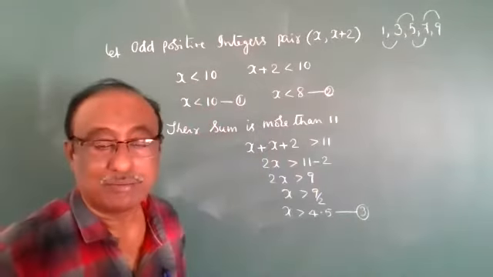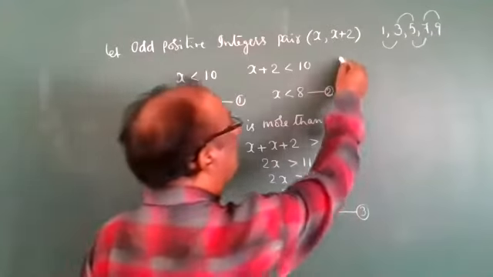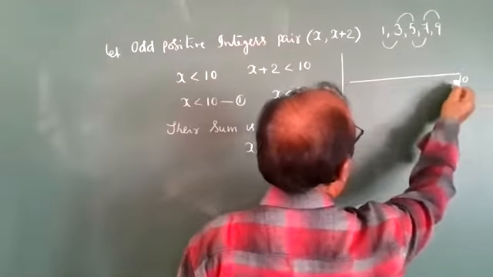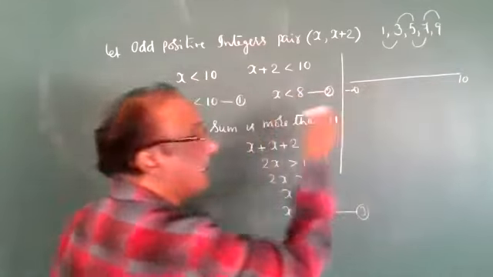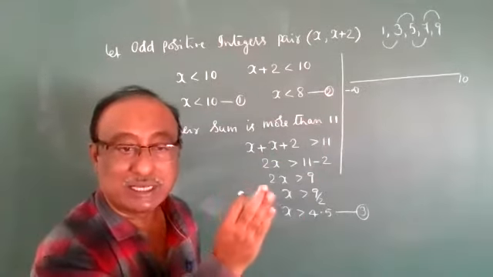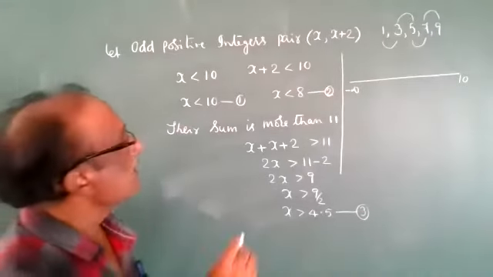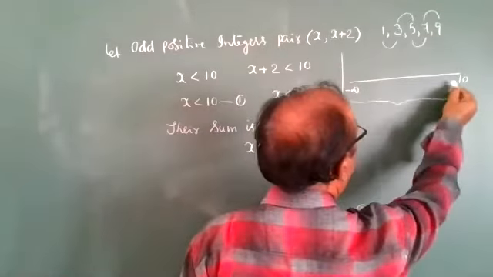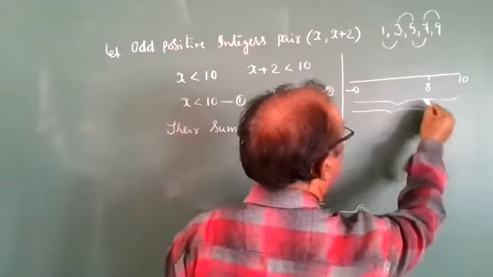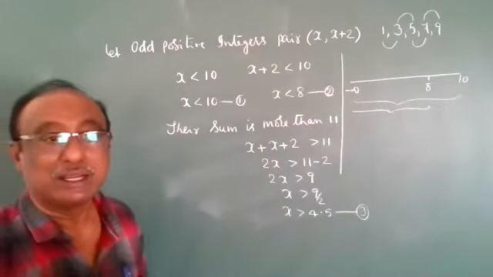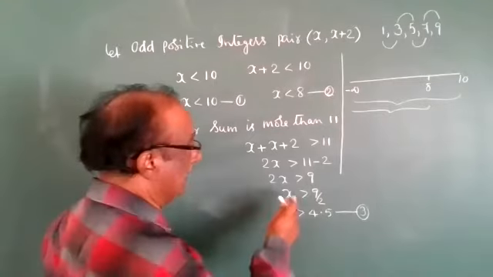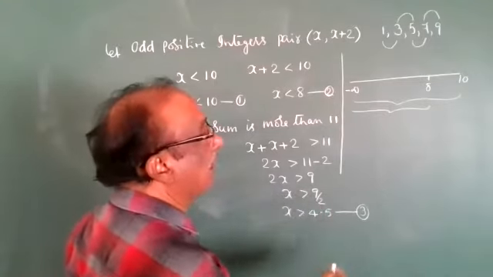Here is the 10, going on decreasing. Less than means decreasing: 10, 9, 8, up to minus infinity. The second one is 8 decreasing: x is less than 8 means 8 decreasing. The third one is x is greater than 4.5.